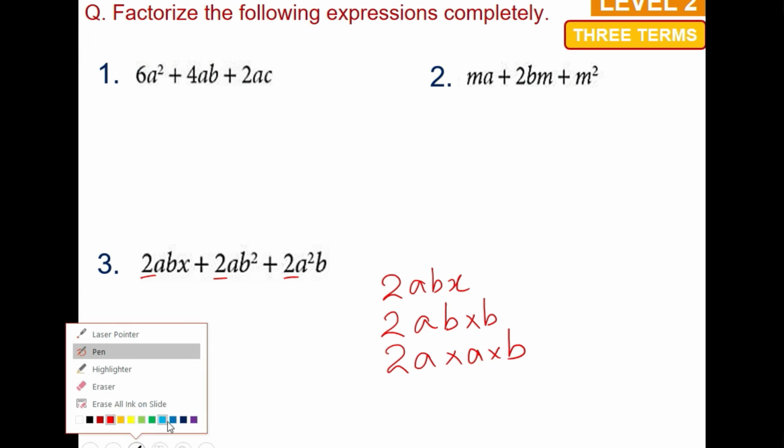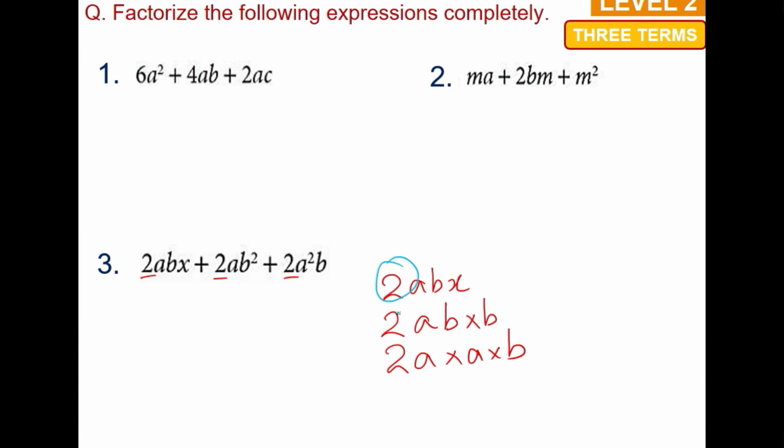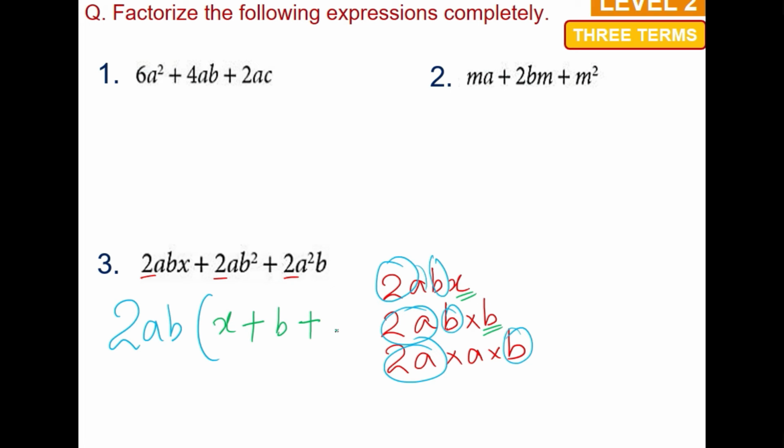Looking for the common factor, you have 2a common in all three, and you have a b in all three. So the common factor is 2ab. What remains is an x, plus you have a b here, plus you have an a. So that's your final answer.